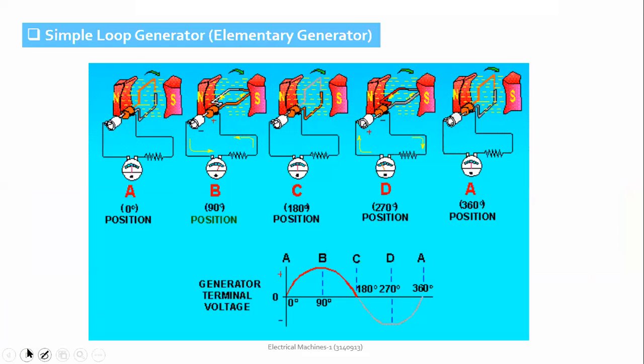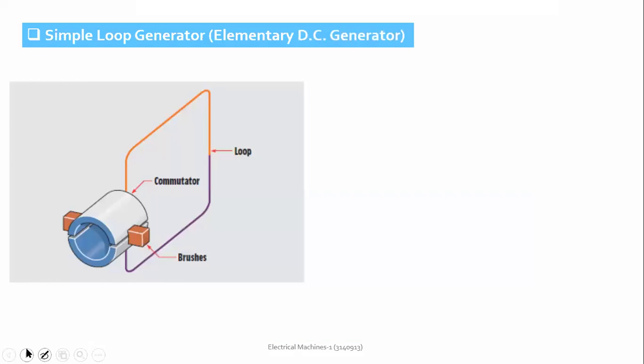Now, instead of slip rings, we have discussed in the previous class that we can use commutator segments. Commutator segments are different from slip rings: one coil side is connected with one commutator segment, and the other coil side is connected with the other commutator segment. The commutator is free to rotate; as the coil rotates, the commutator segments also rotate.